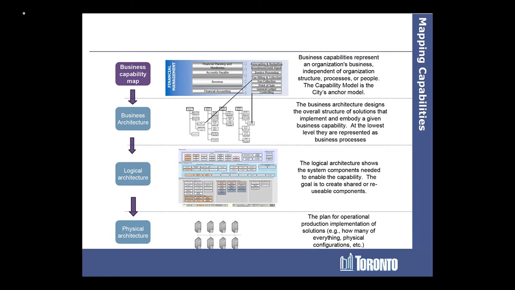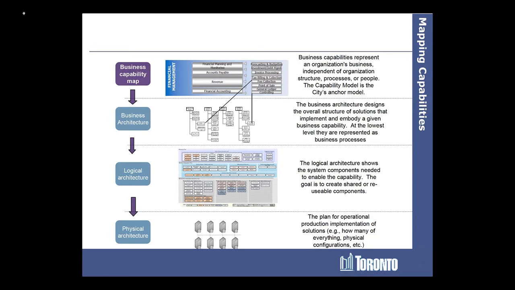The reason for doing that is once we have all of our capabilities defined and we know from a business architecture what our processes are, we're now getting to the level where we can identify which components we need to facilitate or enable the business, and those components become reusable. So you can take the processes, show which components actually enable those processes, and then have a very manageable set of components represented in the logical architecture. And then finally, the physical architecture is really about what solutions you need in that space.